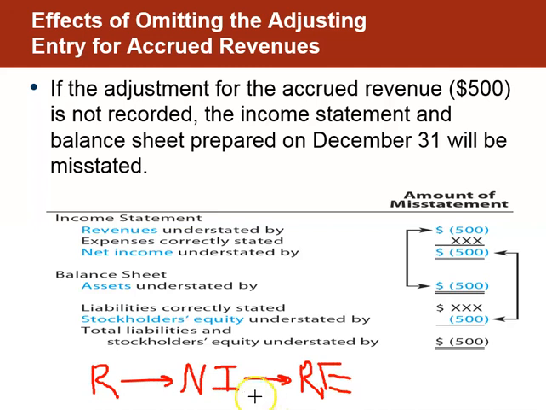Okay, don't you love my penmanship? So if this doesn't happen, retained earnings is going to be understated by $500. Common stock's not going to be impacted, but retained earnings will be. Therefore, total liabilities and stockholders' equity is understated by $500. The understatement is only in the stockholders' equity portion. So not a good situation.